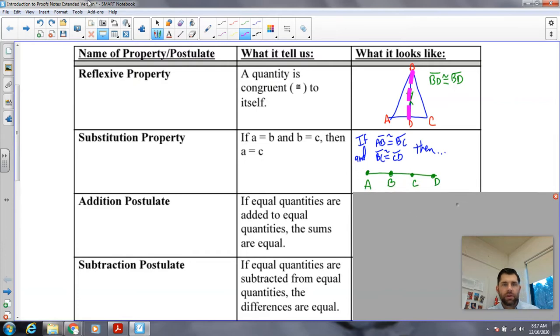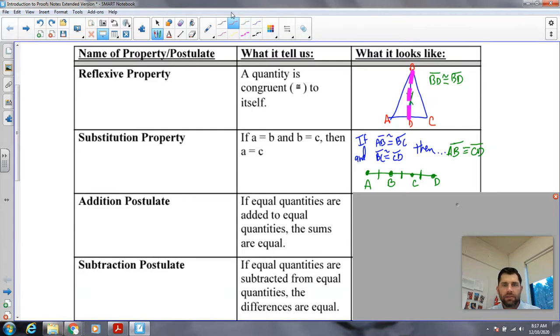So in proofs, you're going to see it with segments and angles, obviously. So like if I say in this picture, if AB is congruent to BC, and BC is also congruent to CD, then I know I can take out the middleman. I can connect the dots. I can say AB must be congruent to CD. Without a doubt, it has to be true.